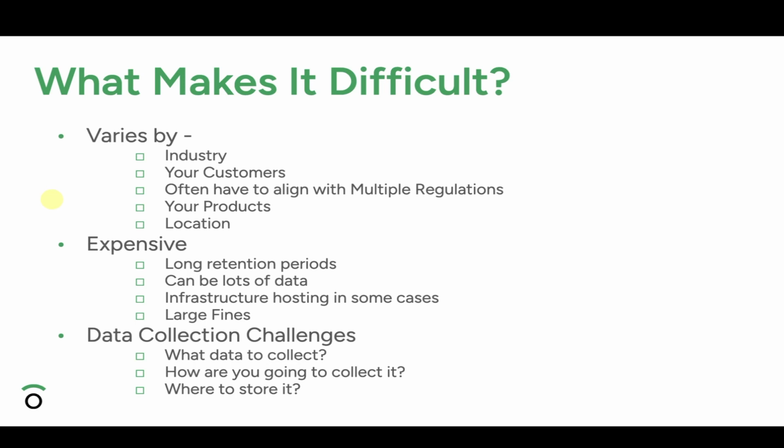Another thing that makes this difficult is that traditionally it's been pretty expensive to adhere to as well, and some of the reasons for that are things like long retention. PCI, for example, requires 90 days readily retrievable, but 1 year of backup or archive.